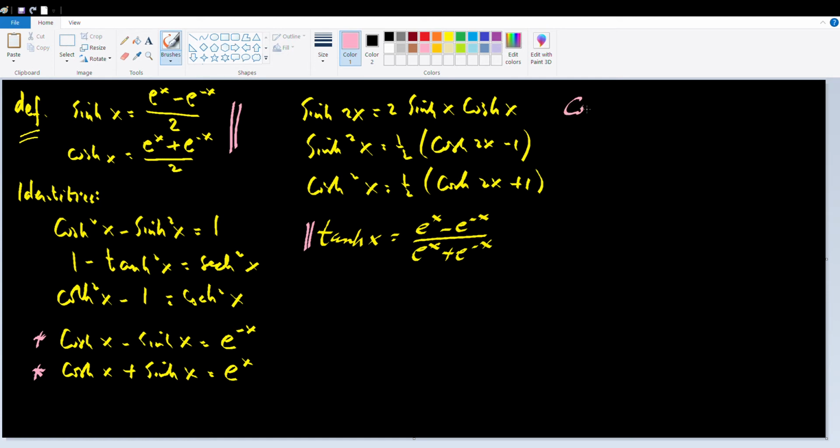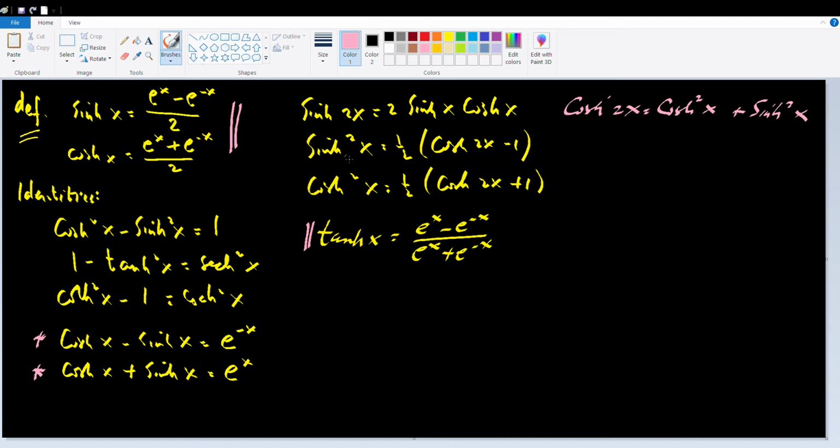We also have hyperbolic cosine 2x equal to hyperbolic cosine squared x plus hyperbolic sine squared x. For trigonometric functions, cosine of 2x is cosine squared x minus sine squared x. So there is parallelism between this set of identities and identities involving trigonometric functions.